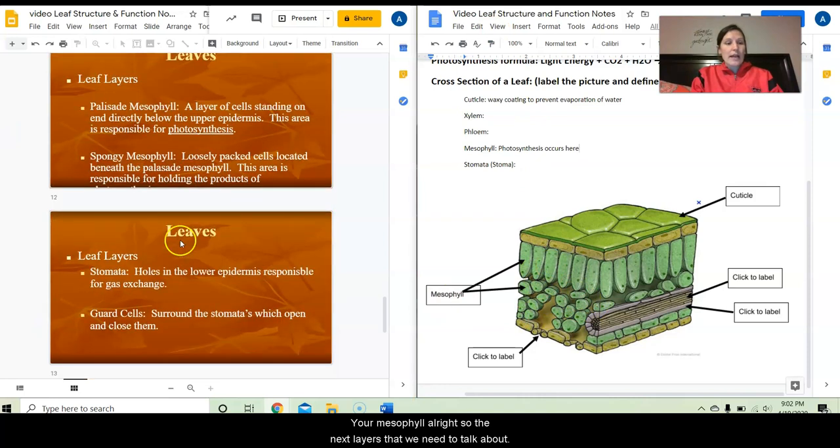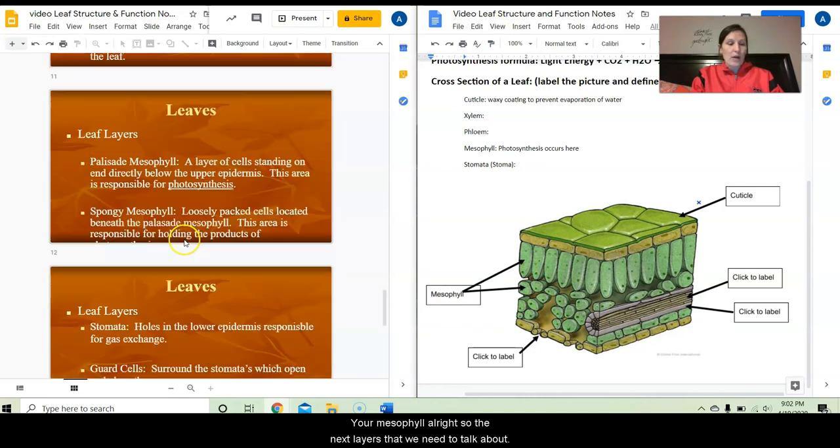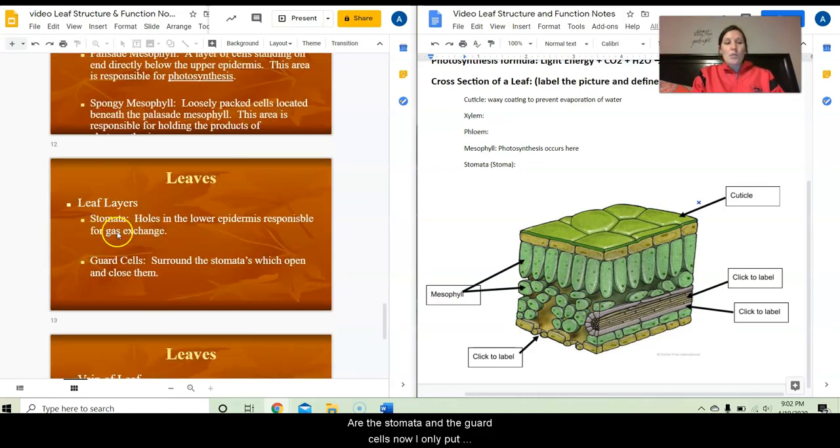All right, so the next layers that we need to talk about are the stomata and the guard cells. Now, I only put stomata on here. They kind of go together. So first thing, stomata is down here, and it's called stoma if it's singular, okay? So kind of like foot, feet, it kind of changes.